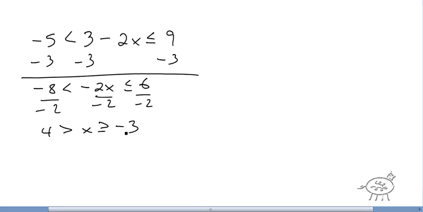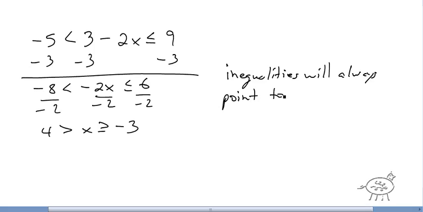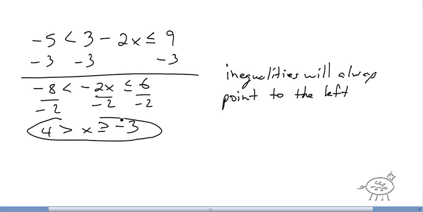But remember what I told you at the beginning of the lesson is that the inequalities will always point to the left. These are pointing to the right. So what you're going to do is switch them around. The way you switch around is you literally take this whole thing and you completely flip it around.